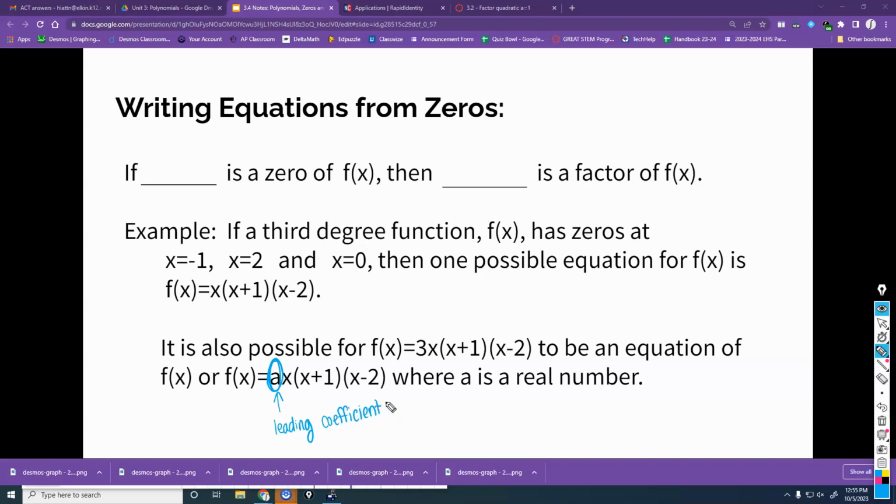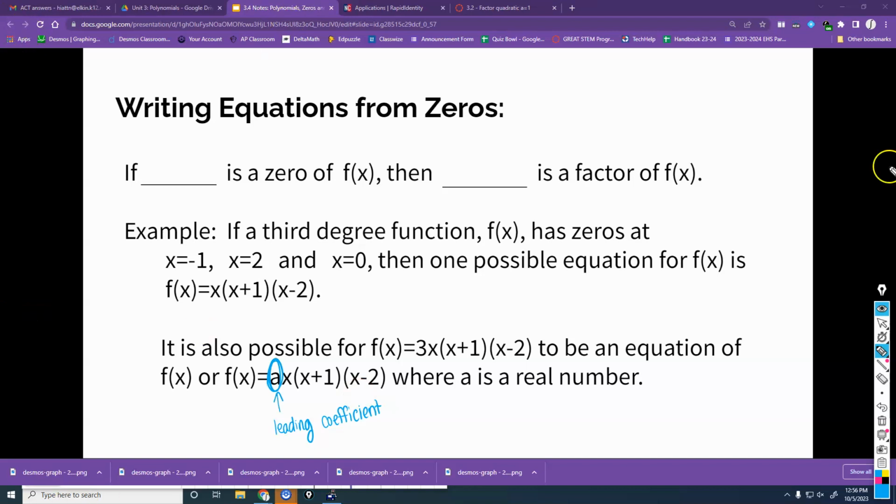Okay. A coefficient is just like a number that's being multiplied by a variable. So that leading coefficient can be anything. It can be 2, it can be 7, it can be 44, it can be -15. You would still have the zeros at the same spot.